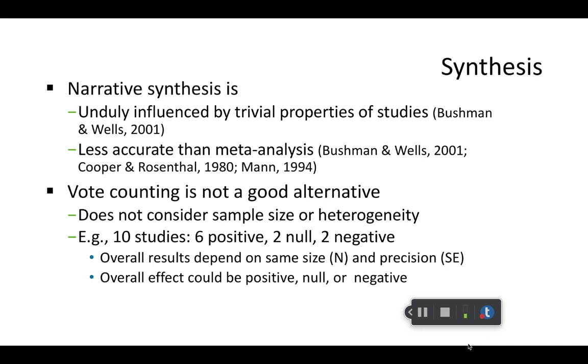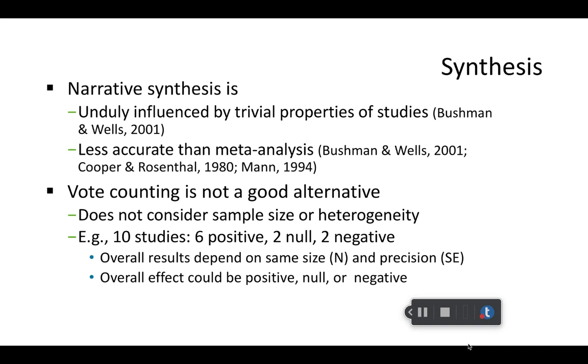In a set of 10 studies, it could be that the 6 studies with positive results are tiny little studies or poorly conducted studies that really don't matter. And the weight of the evidence really is in the 2 null or 2 negative studies. Perhaps those are large, rigorous studies with many thousands of people and ample evidence.